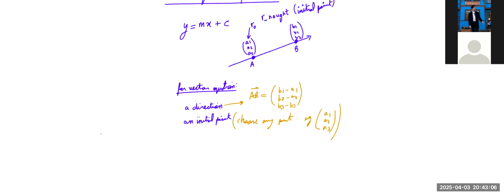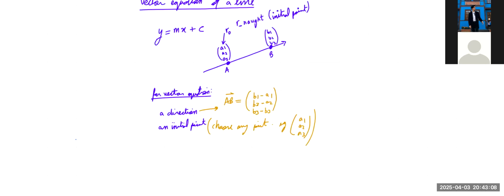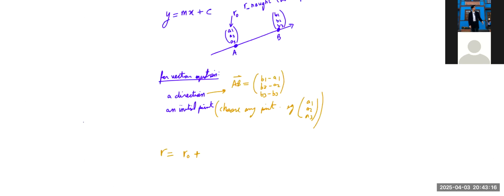I will say that my vector equation is r equals the initial point. So I'm going to say r naught plus, I forgot what this is called. I think it's called a parameter, but I want to check its name. t, the parameter. Yes, it's just called a parameter.